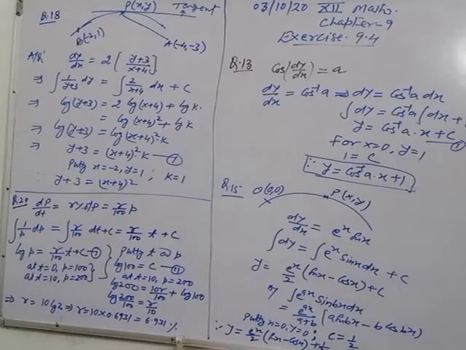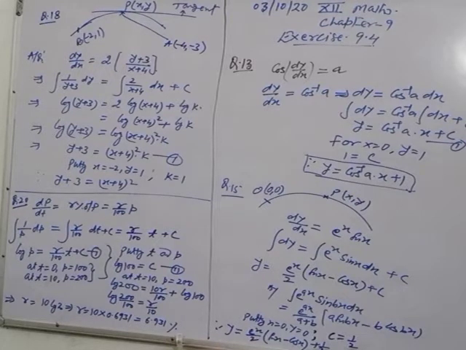By separation of the variable, on the side of dy taking the terms of y, and on the side of dx transferring the terms of x on the right side. So 1 upon y plus 3 dy, and on the other side 2 upon x plus 4 dx, then integrating both the sides, plus integral constant c. So log of y plus 3 is 2 times log of x plus 4, and when each term contains log, the integral constant you can represent in terms of log, that is you can take log k instead of c.